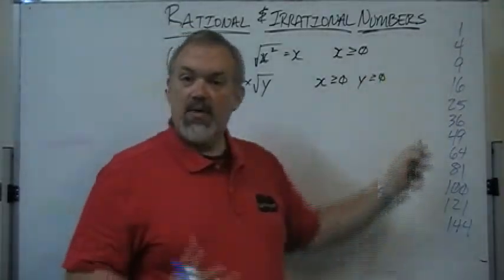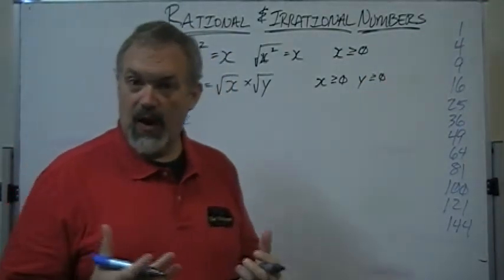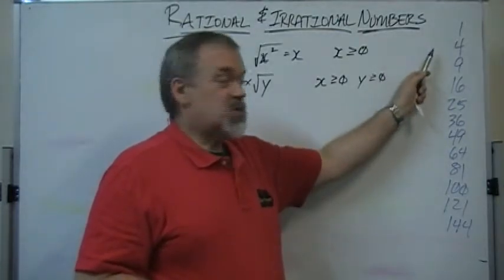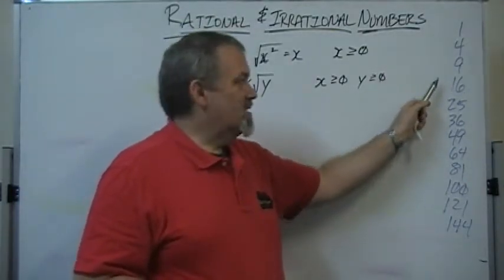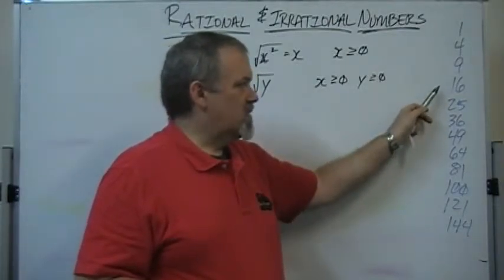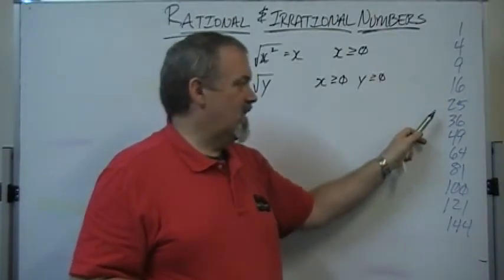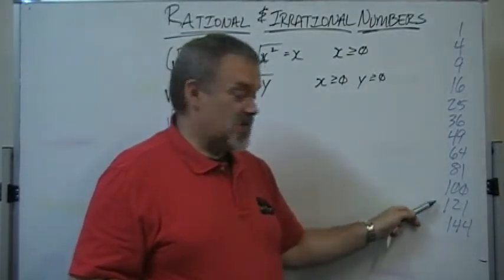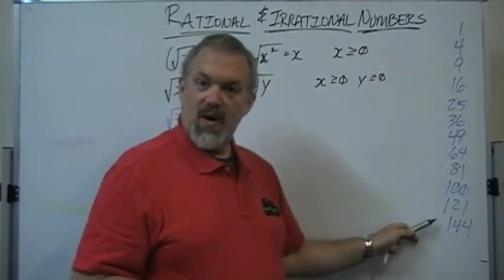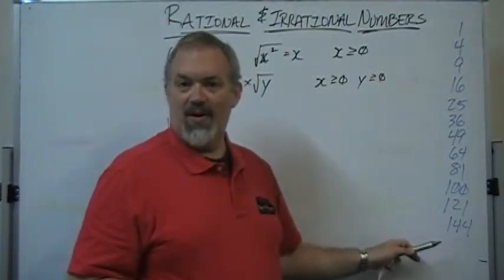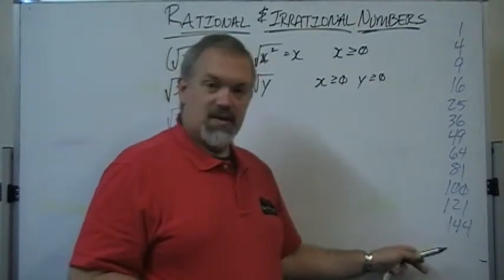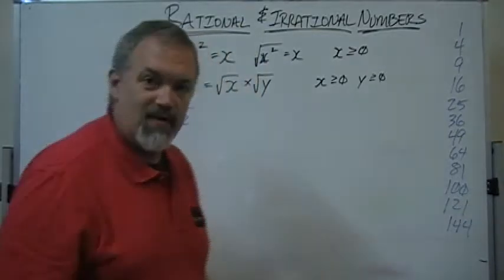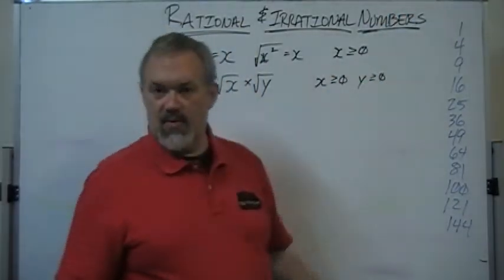These numbers that I've written down, which you may want to do when you're actually doing work in this area, if you don't have these in your head yet: 1 squared is 1, 2 squared is 4, 3 squared is 9, 4 squared is 16, 5 squared is 25, and if I keep counting, 36, 49, 64, 81, 100, 11 squared is 121, 12 squared is 144, 13 squared is 169, I could keep going further, 15 squared is 225, and so on and so forth, and we could go on forever that way. But these are the most common ones that we'll deal with.